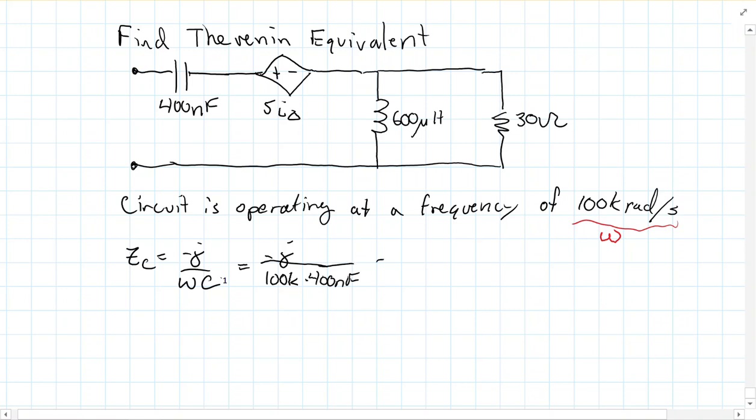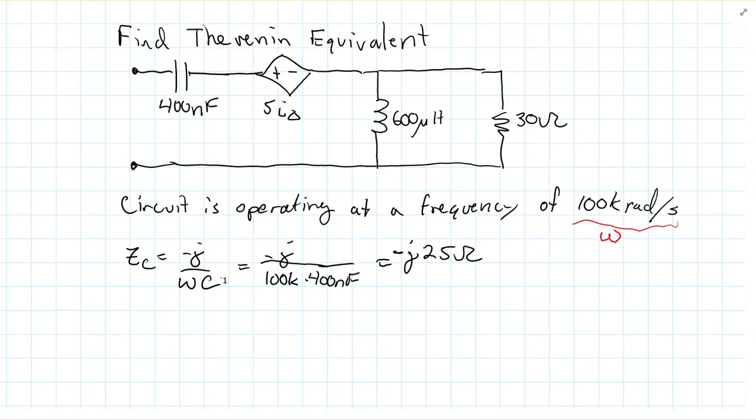Now you need to keep your engineering notation straight. Some of you forget nano and kilo and what they stand for. Nano is to the -9 power. And if I do this, we wind up with negative j25 ohms.